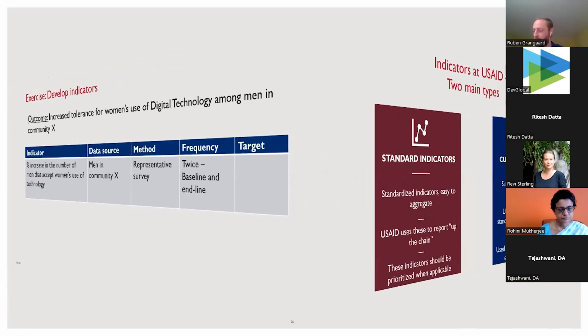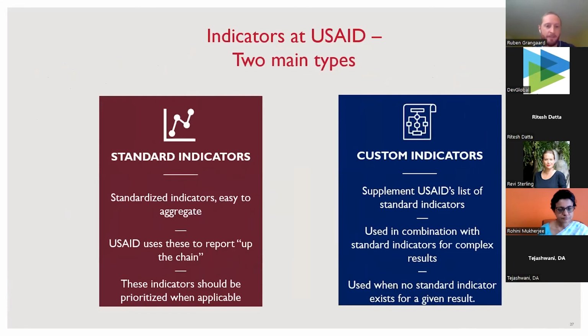Just very quickly, a couple of types of indicators that we often see when we work with USAID, or we always see when we work with USAID. It's standard indicators, which is essentially a long list that you can find online, and I'll have some links to that, that essentially have a number of indicators for all of their thematic areas. So it's hundreds of indicators.